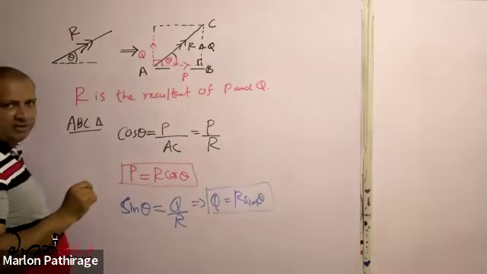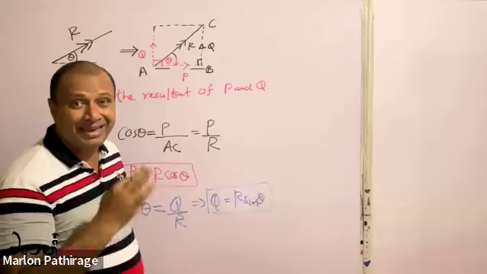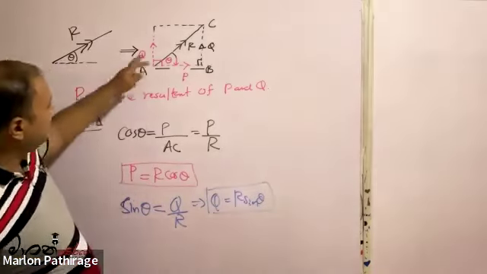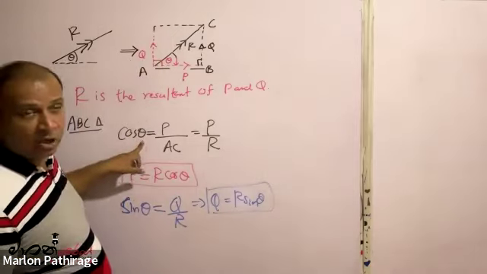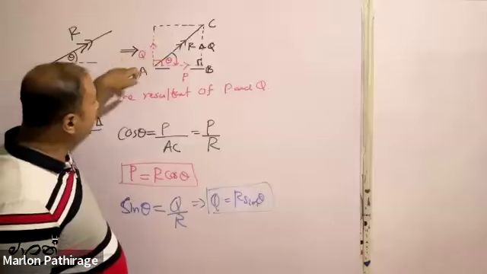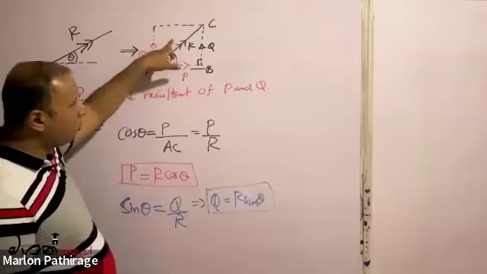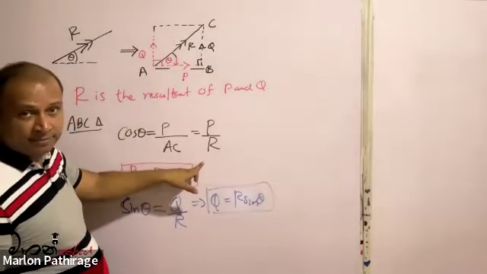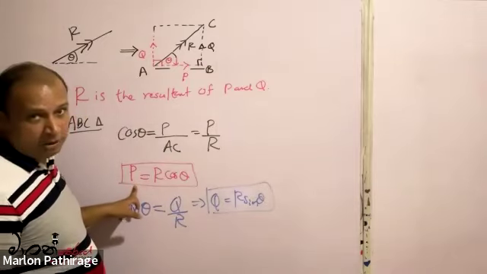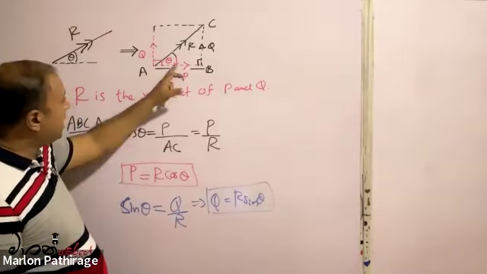If it is a right angle triangle, then you can write expressions for cos theta and sin theta. Cos theta is equal to the adjacent side P over the hypotenuse AC, so it is equal to P over R. From that, you can make P the subject: P equals R cos theta.